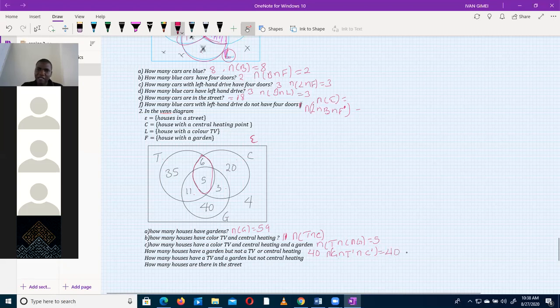The other way of writing this, remember we said in 2 sets, T complement intersection C complement is the same as the complement of T union C. So you can also write this as the number of G intersection the complement of T union C. These two are the same because they are using "or" here. "Or" in most cases means union in sets.